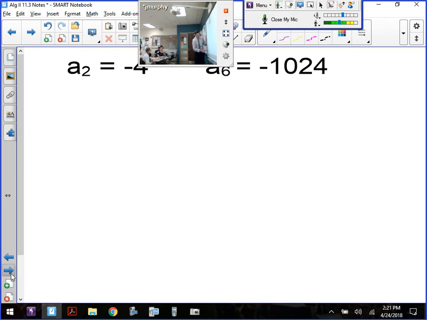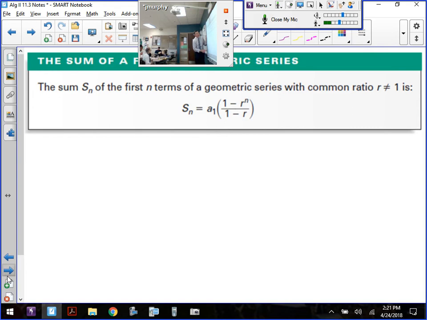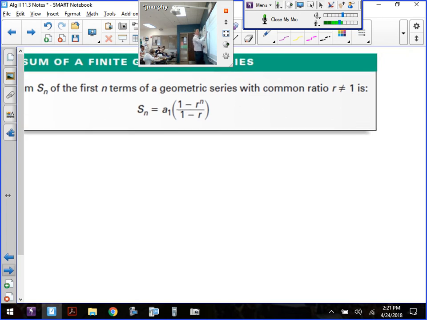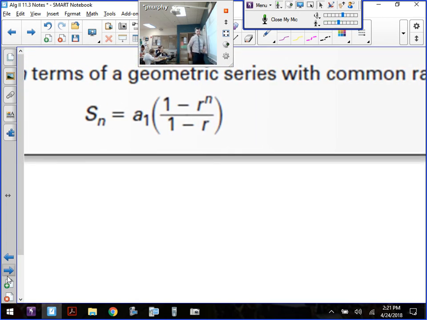The weirdest version of this comes after we worry about series. The series formula for geometric, the sum of a series, is actually really easy to use. There's less work when you have to do the problem. You've got your first term, then 1 minus the rate to the nth over 1 minus the rate.